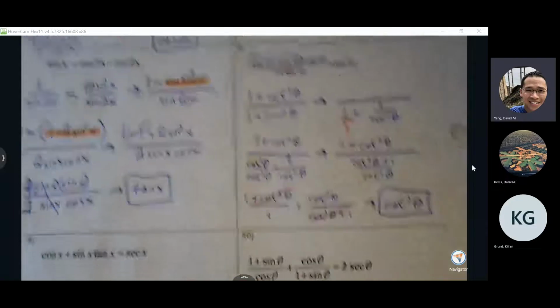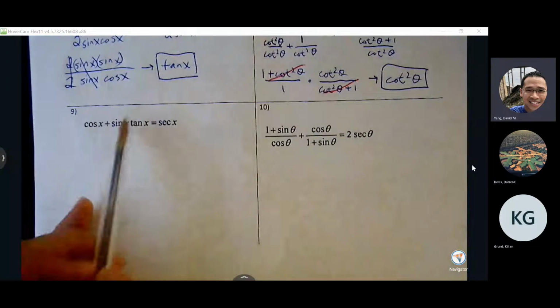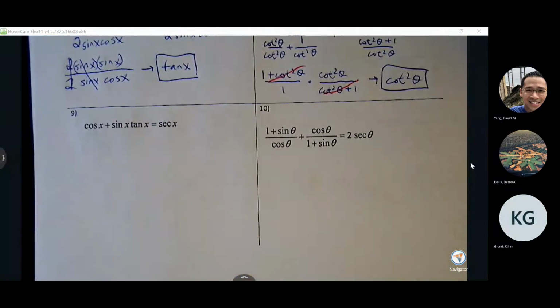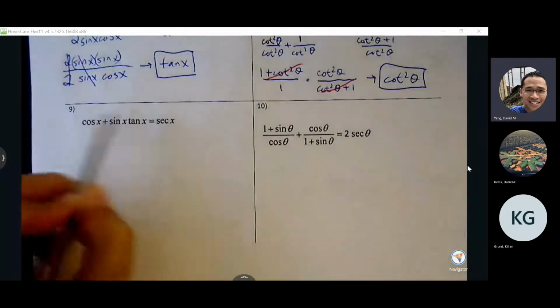Okay, number 9. I'm going to start with the left side here. There's more things to work with. Okay, so I'm going to get everything in terms of sine and cosine.